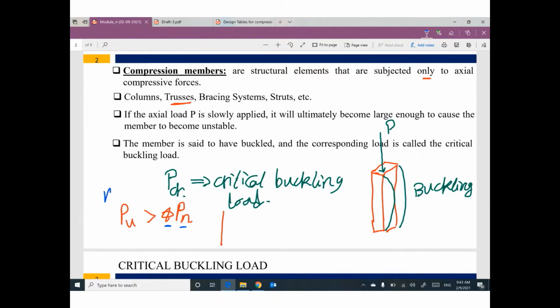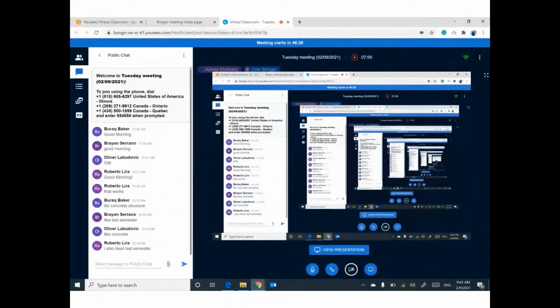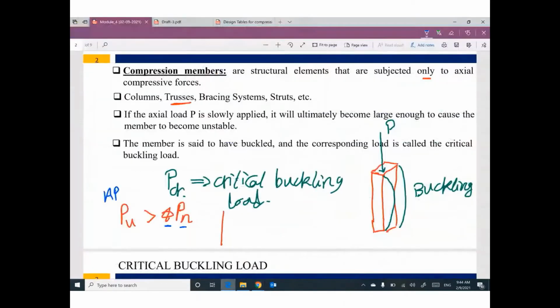If the applied load is greater than the design ultimate strength, your structure or your member is unsafe.